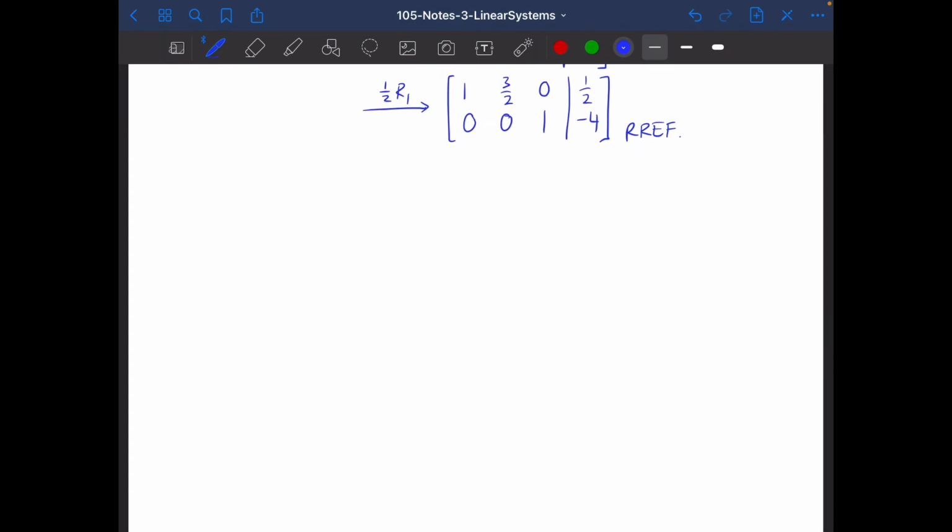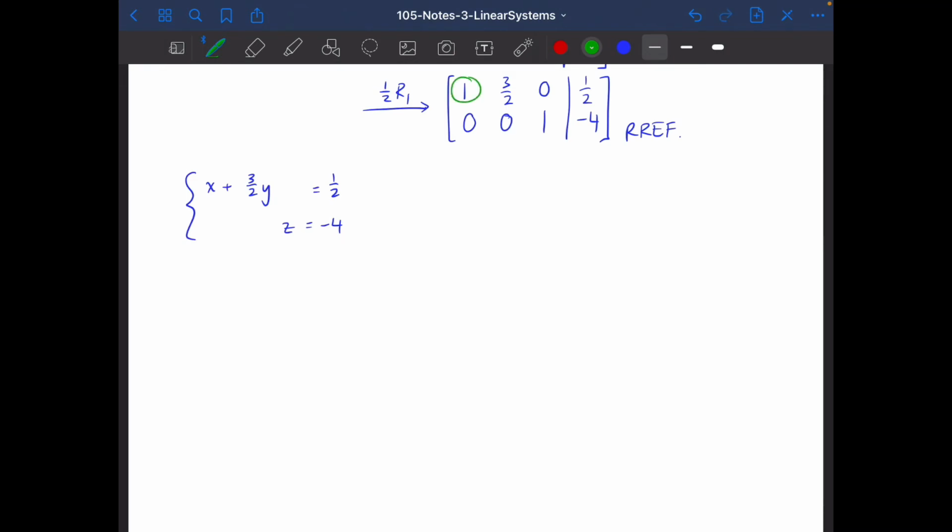And so next I will write the new system of linear equations. So I have x plus 3 over 2 y plus 0z equals 1/2, and then z equals minus 4. That's my new system of linear equations. Now let's identify the leading variables and the free variables.